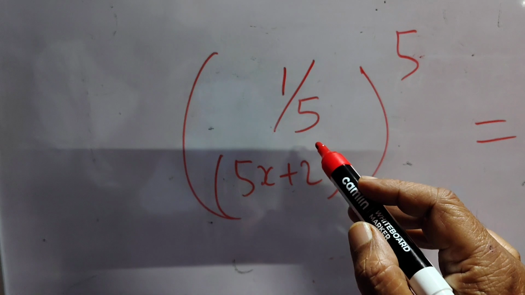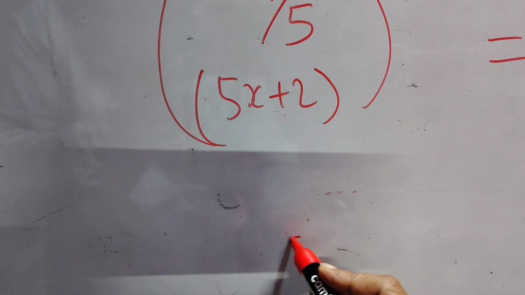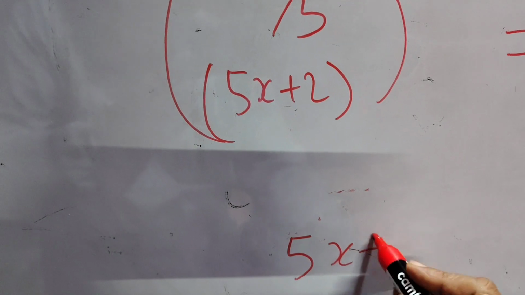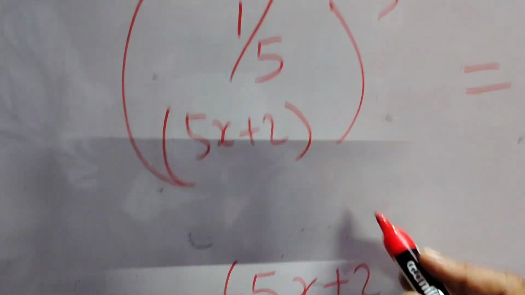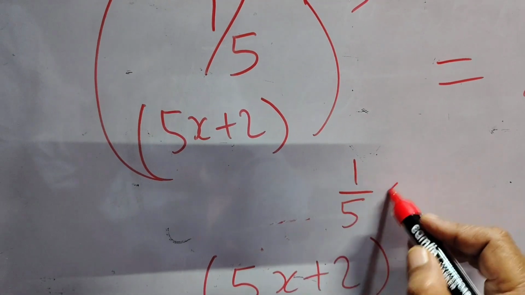So power to the power again, so we can multiply both the powers: 5x plus 2, and then power and power will be multiplied, 1 by 5 into 5.